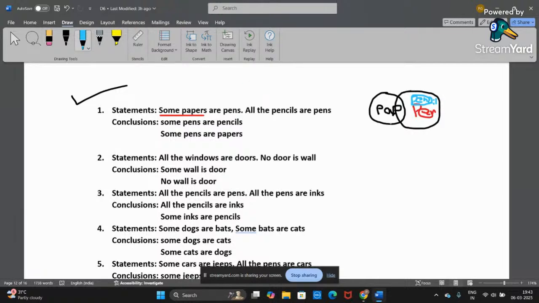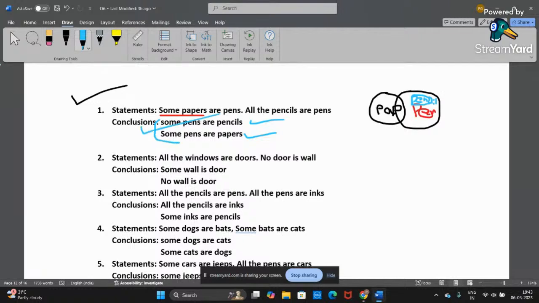This is the diagram we are getting by solving this statement. Let's find out which conclusion is satisfied. Some pens are pencil. Yes, it is right. This one is satisfied. Some pens are paper. Yes, that is right. It is satisfying both the conclusions.